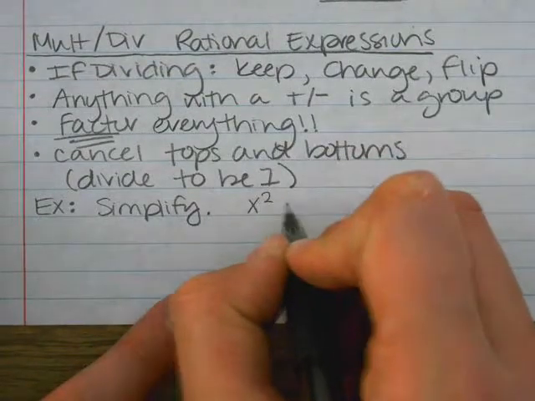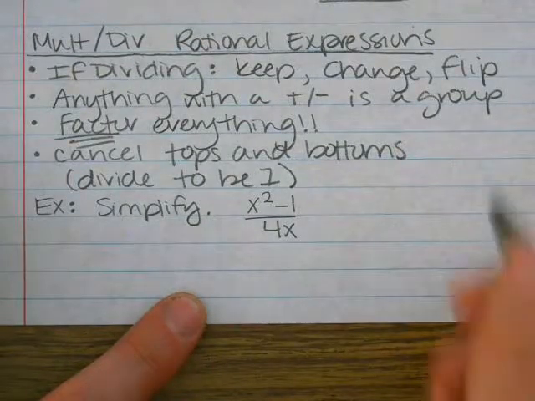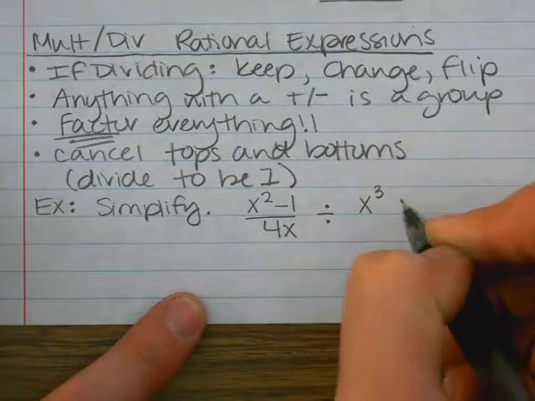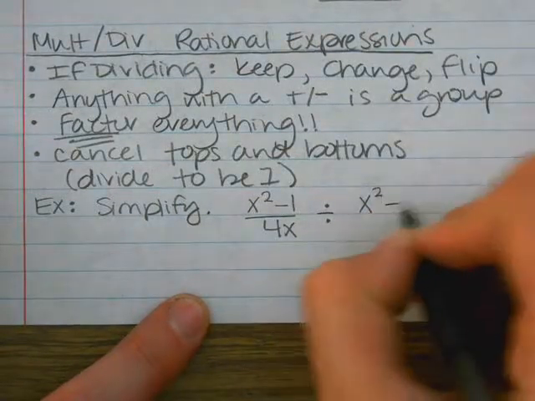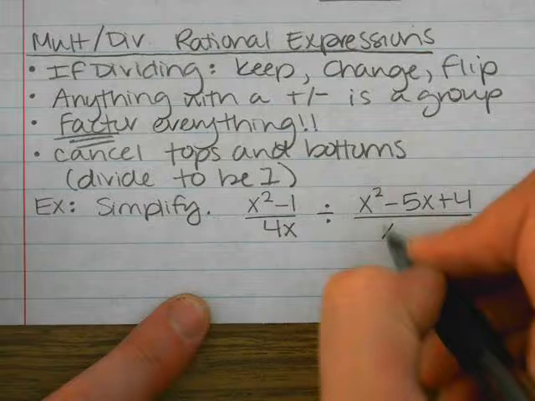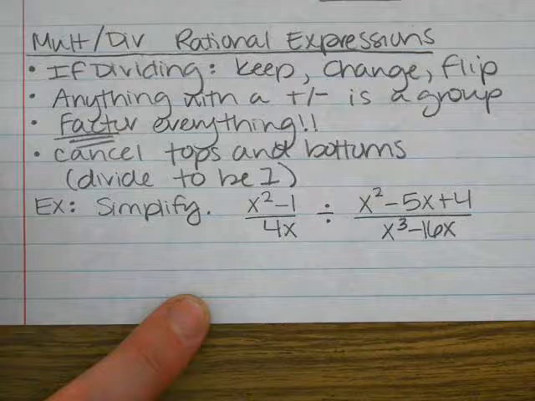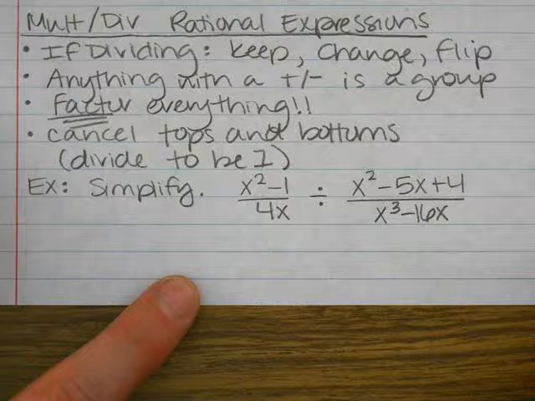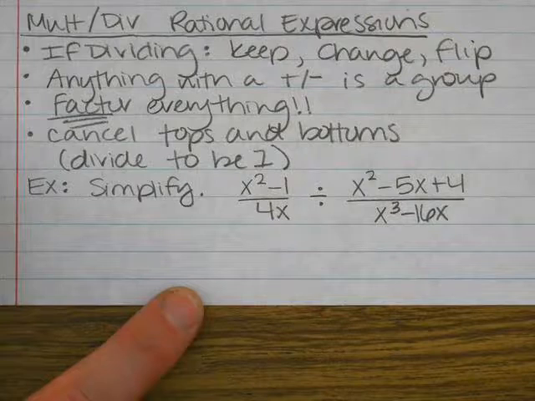We've got x squared minus 1 over 4x, and we are dividing that by, sorry, I lied, x squared minus 5x plus 4 over x to the third minus 16x. So that's the problem we're going to use as our example problem.